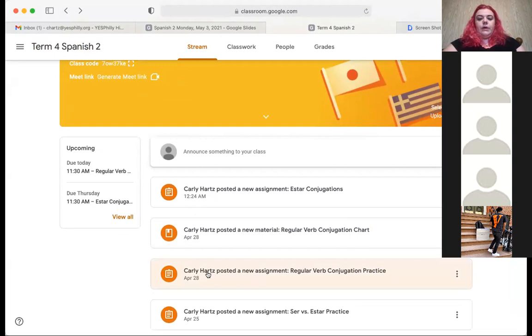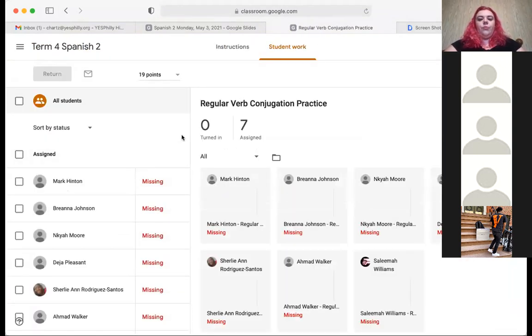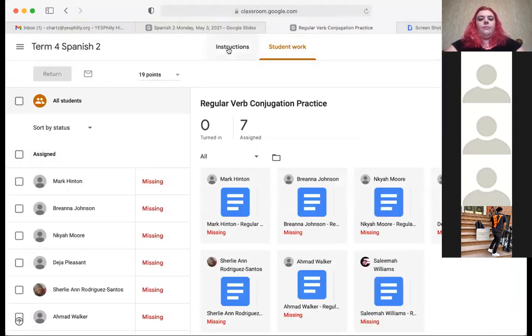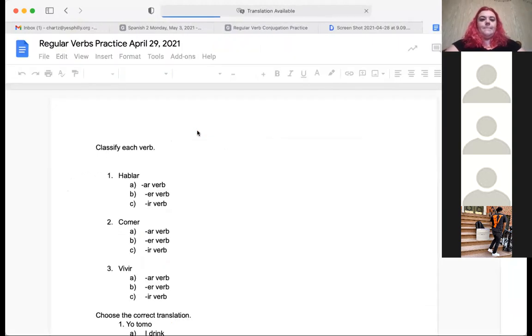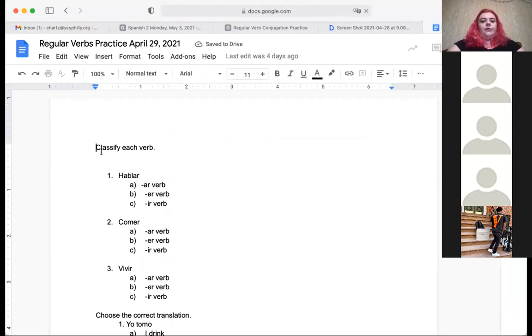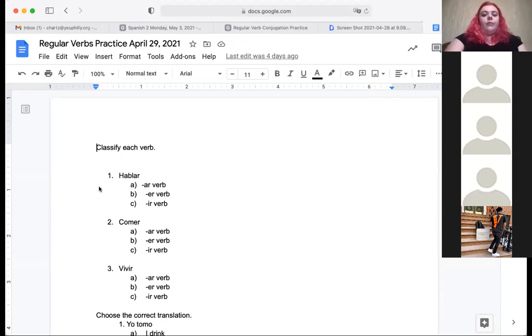Oh, yep, we had a regular verb conjugation practice. So we'll just go over this together. For this first one, we're going to classify each verb as an AR verb, an ER verb, or an IR verb. So let's do this together.